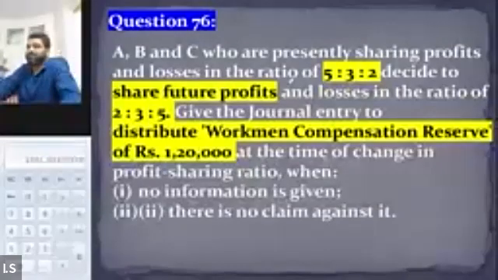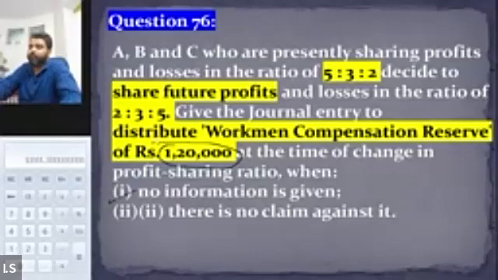The existing workman compensation is 1,20,000, and the first part of the question is saying that there is no information given in the question regarding claim. So that means the entire amount will be divided among the partners in the old profit sharing ratio.